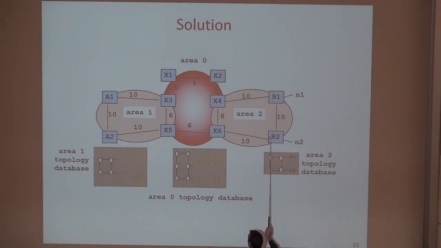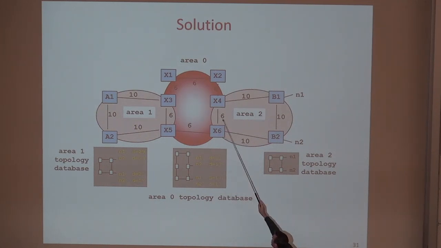Because it belongs to area 2, it computes its shortest path to N1. So what is the distance from X4 to N1? It's 10 plus 1 if we give a distance of 1 to the directly attached link, so it's a distance of 11. So X4 is at a distance of 11 from N1, and of N2 at a distance of 17.